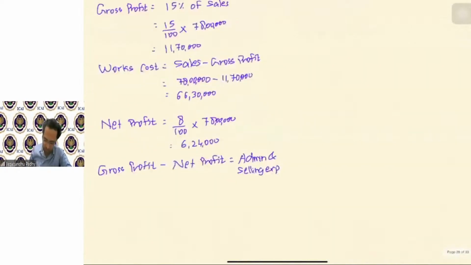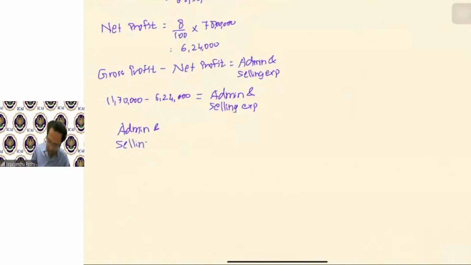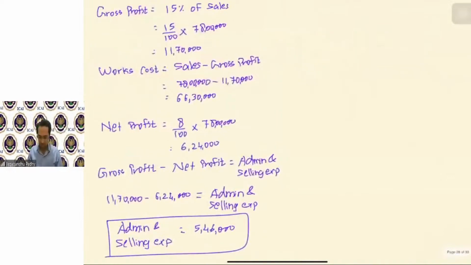Our gross profit was 11 lakh 70,000 minus 6 lakh 24,000, which gives your admin and selling expenses of 5 lakh 46,000.